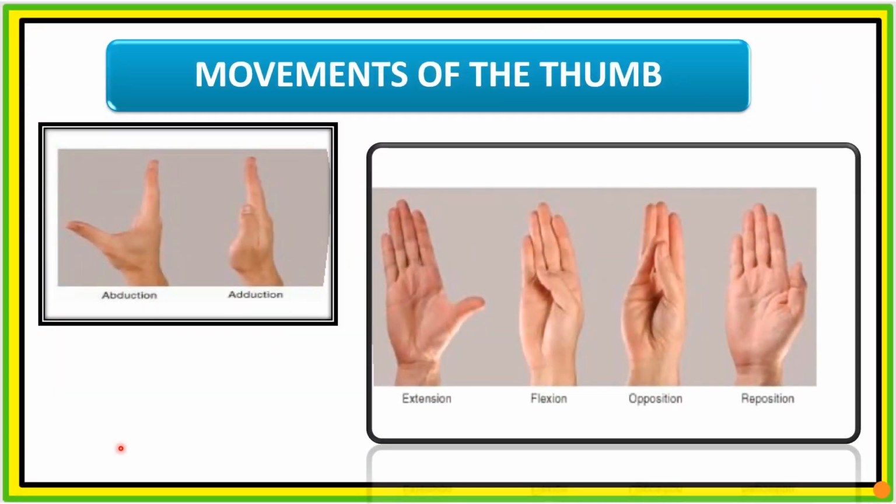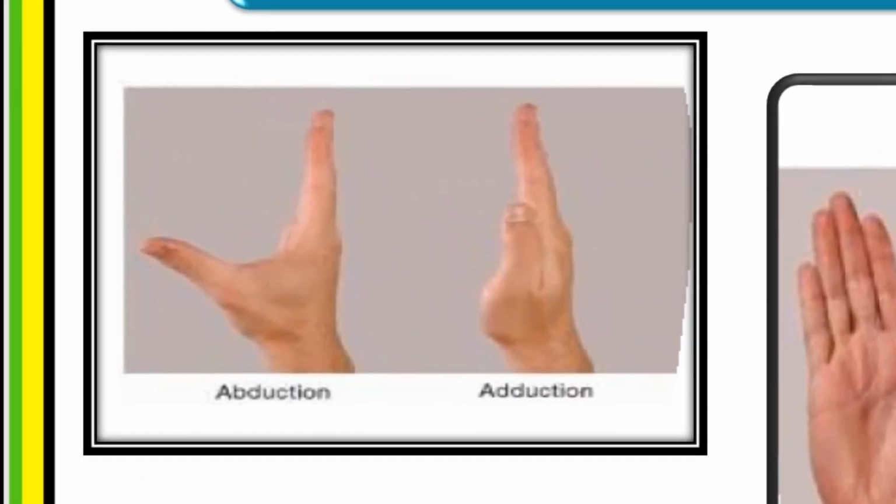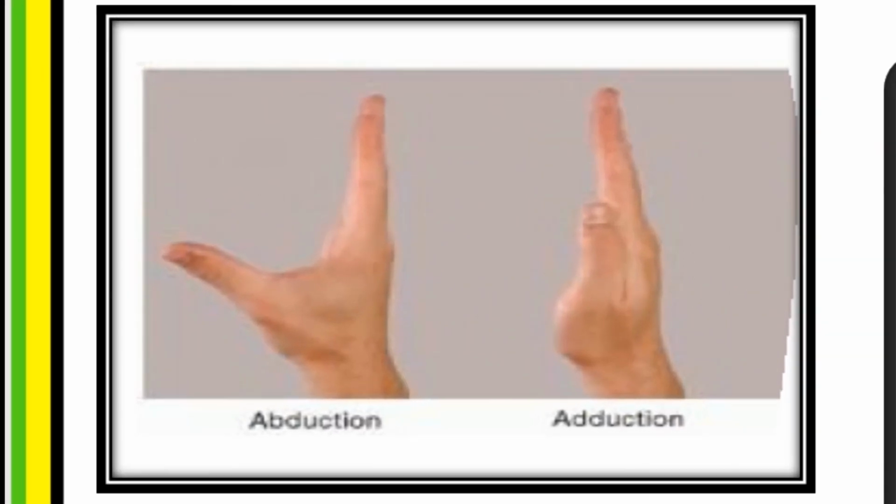This slide will summarize the various movements exhibited by the thumb. We will start with the movement here, abduction. Abduction of the thumb is moving the thumb in a perpendicular way away from the plane of the rest of the fingers.